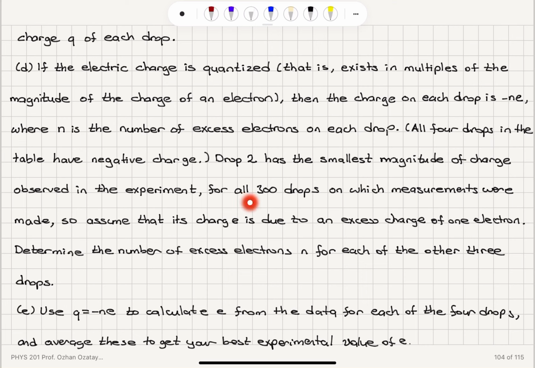So assume that its charge is due to an excess charge of 1 electron. Determine the number of excess electrons for each of the other 3 drops. So the one that has the smallest magnitude of charge, we assume it has an excess charge of 1 electron. So we will calculate the number of excess electrons in the other ones.